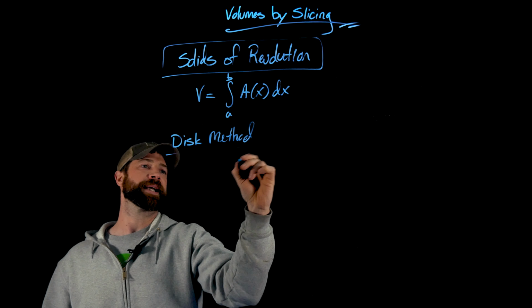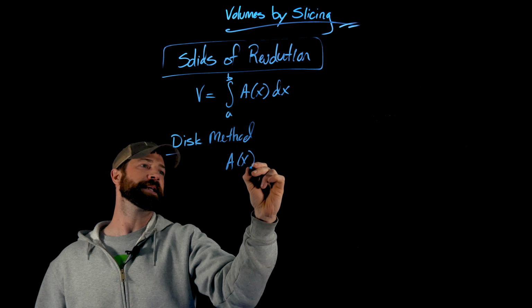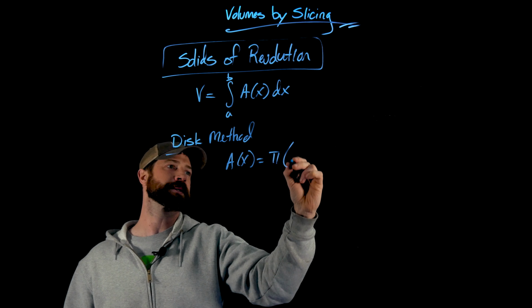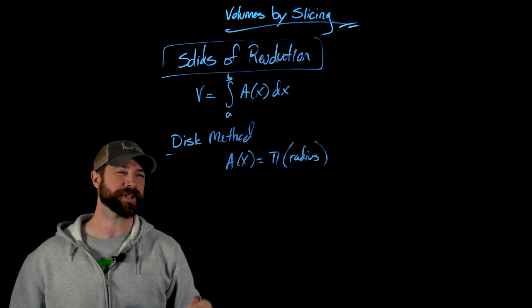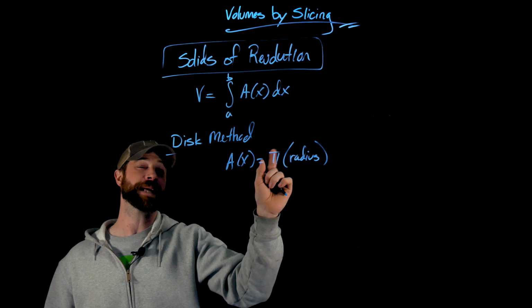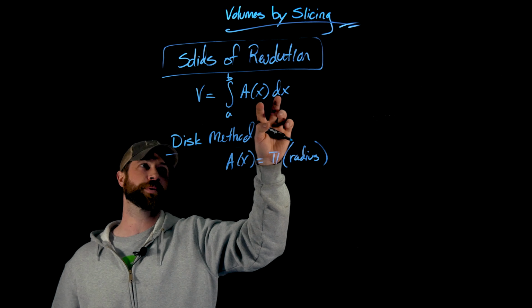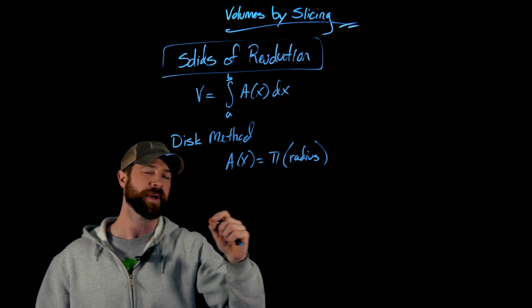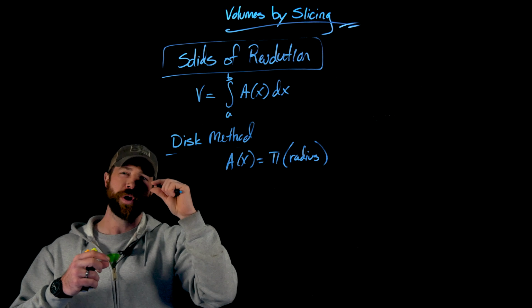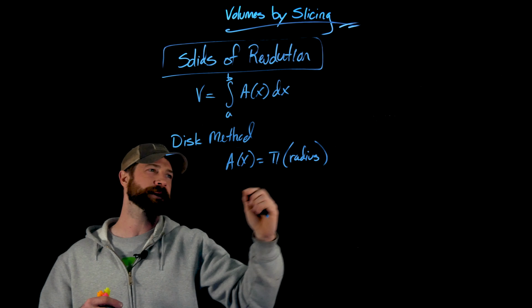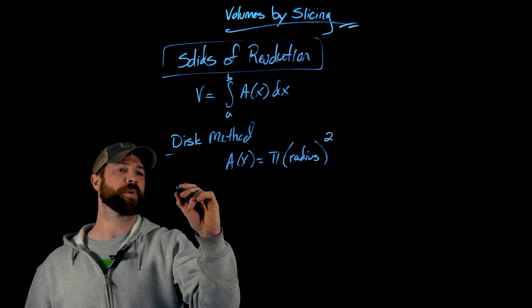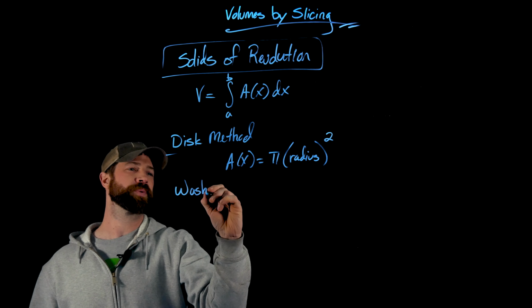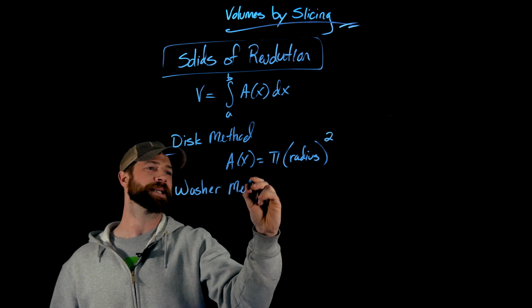We have the disk method, and in this case, A(x) equals pi times the radius squared. Almost always, if it's interesting, the radius is described by some function, and has to be in terms of x or in terms of whatever variable we want to integrate with. And again, that's determined by where the thickness of these cross-sectional pieces is. If we use the washer method, in this case, we have these gaps that we need to take care of.